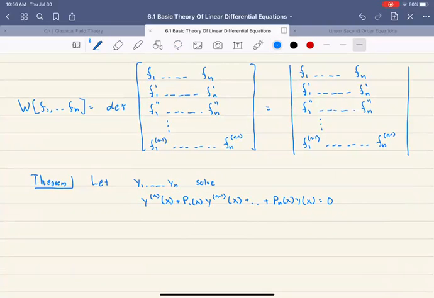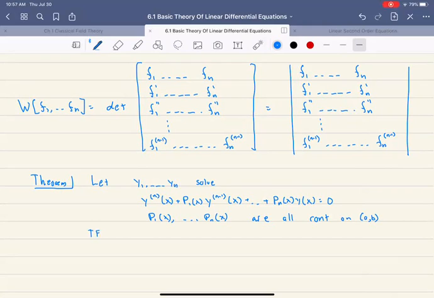Now, the idea is that we want to know, do we have all of them that we need to express any solution? So we're going to take p1 of x through pn of x, all continuous on AB.